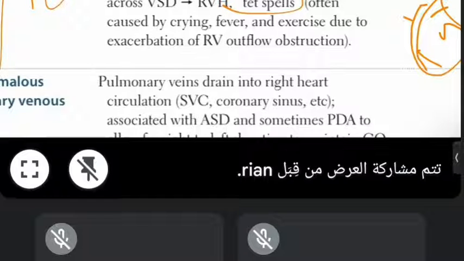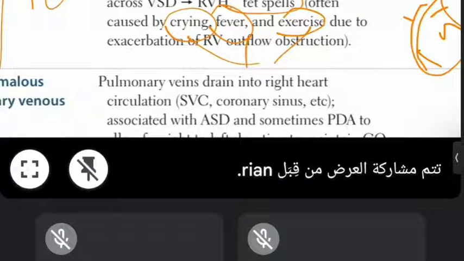And these tet spells are like cyanosis that comes if you have fever, exercise, crying, because all of that will increase the effort on the heart. So the heart will pump more deoxygenated blood to the left ventricle through the ventricular septal defect, in the baby who has tetralogy of Fallot.